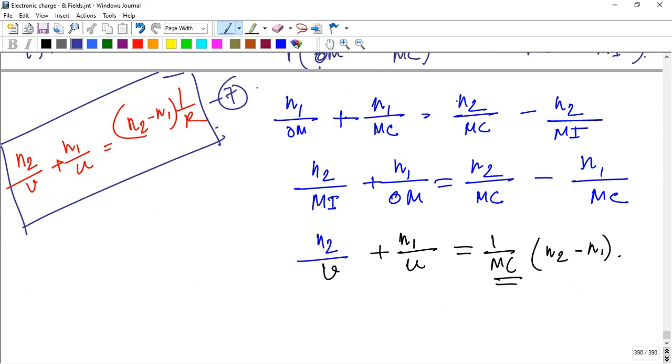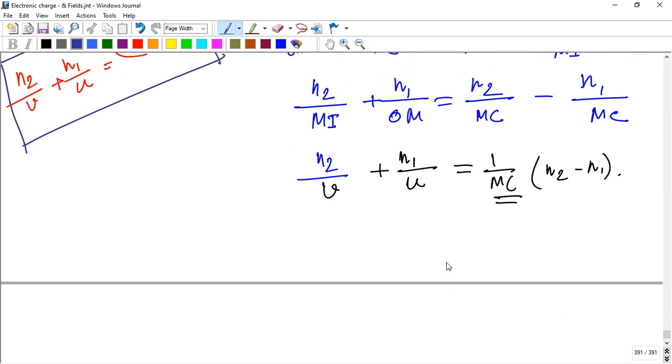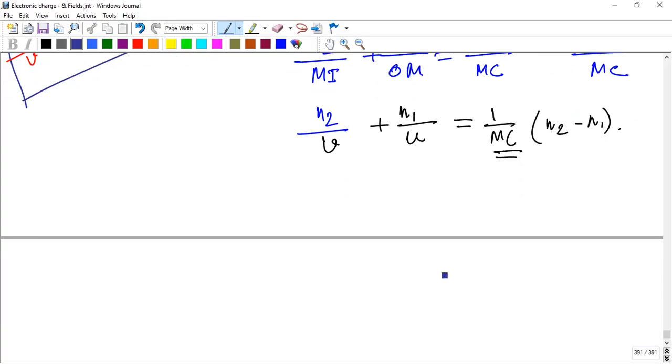And this equation holds for both concave and convex lenses. Both lenses satisfy it. Now with the help of this equation we derive the lens maker's formula, which is refraction by a lens.